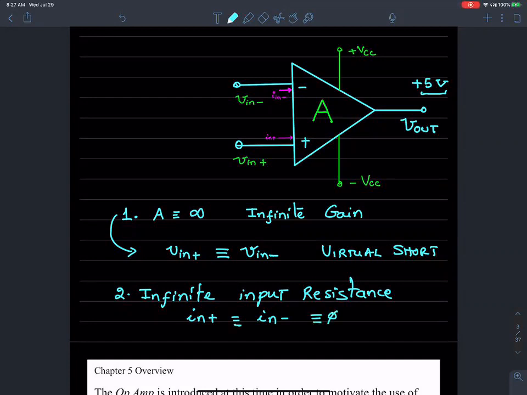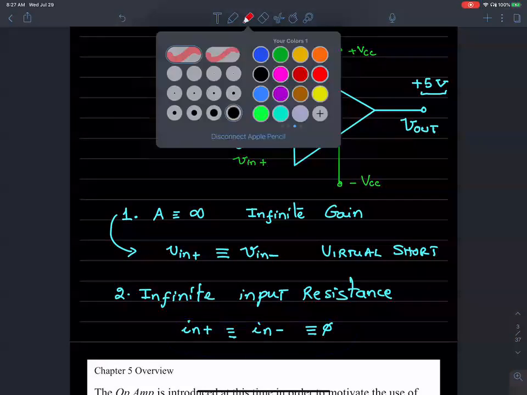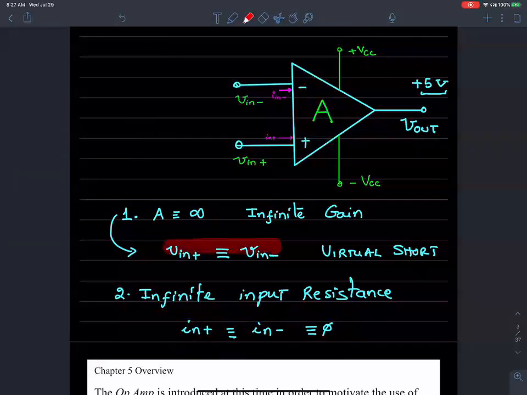So these are two conditions that we like to call ideal op-amp assumptions. These are not true in a practical case, but we assume them anyway because they're going to make our analysis really easy.